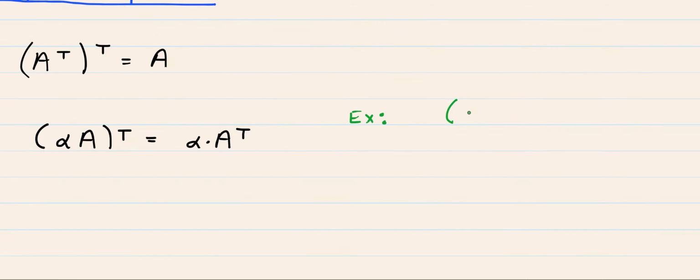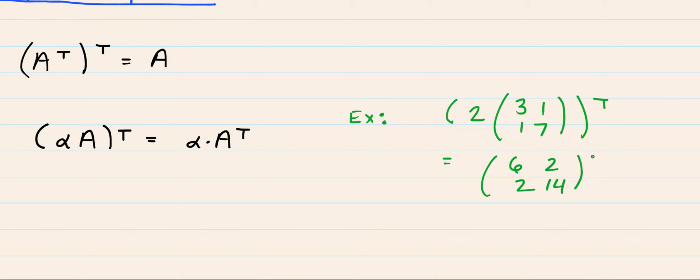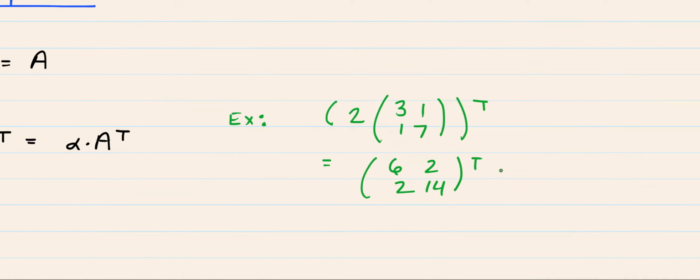So if we have 2 times this matrix, 3, 1, 1, 7, and I want to take the transpose, well, I'm going to send 2 into everything, and then I'm going to flip it. So this is 6, 2, 2, 14. Then I take the transpose, and I get, well, this one happens to be symmetric, but it doesn't have to be symmetric.